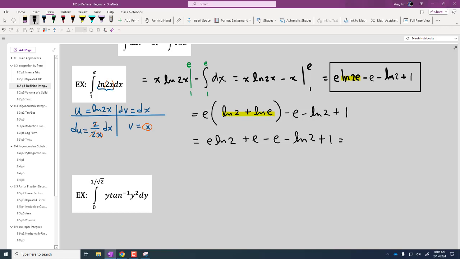And so when all is said and done, we have e ln 2 minus ln 2 plus 1. So that would be our simplified answer. When you distribute the e to the ln e, you get just e, because ln of e is 1. Thank you. Yes, the value of this right here is 1. So then we have e times 1.